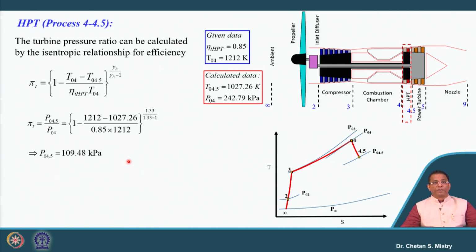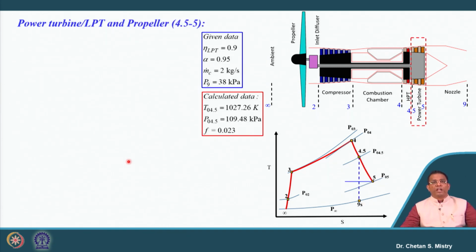So this will be the pressure at the exit of my HP turbine. Till here you should not feel any discomfort. Okay. Now let's move towards the next component. The next component we have is our power turbine, or you can say this LP turbine, that is used to rotate the propeller.